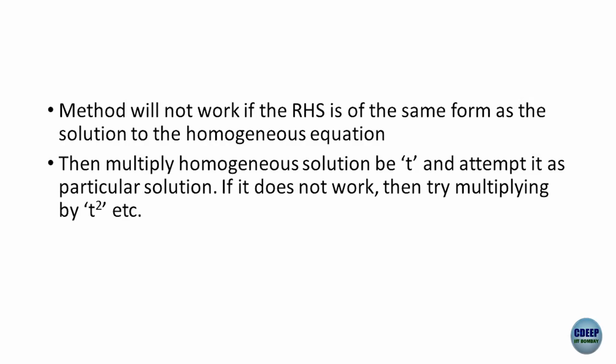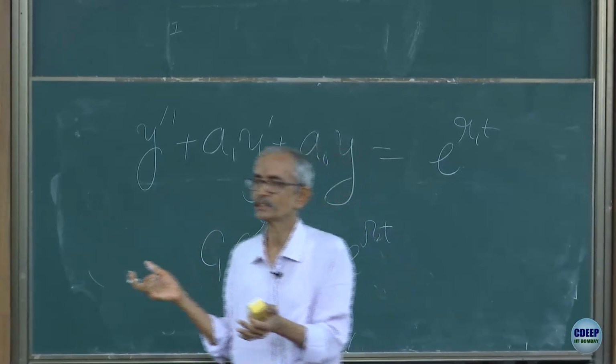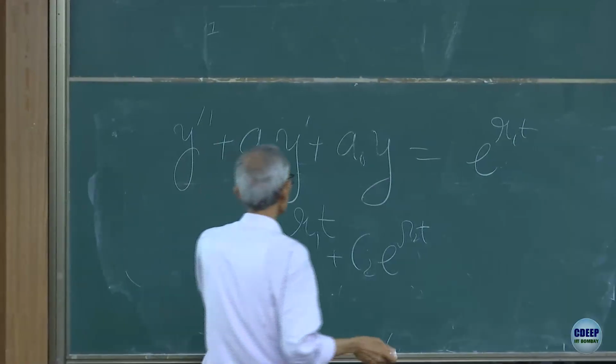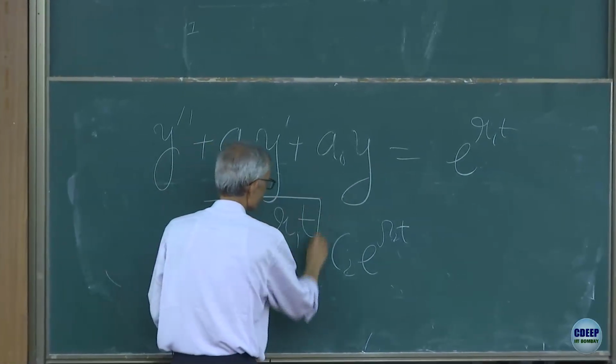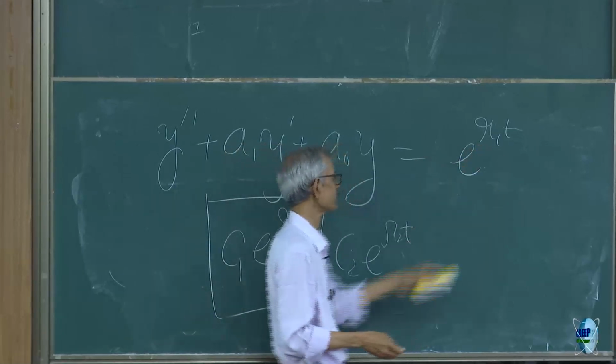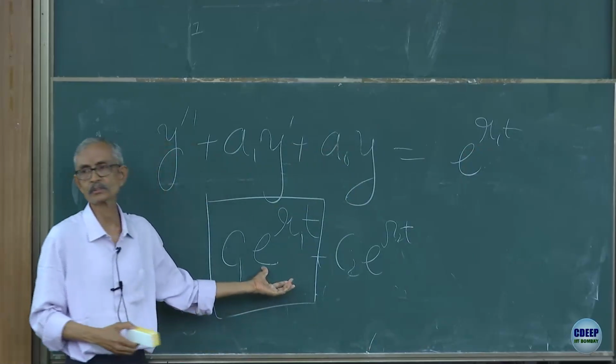Remember, we said that you have the right hand side, and you hypothesize that the particular integral is going to be similar to the right hand side. So I hypothesize this is the particular integral. Then what's going to happen?